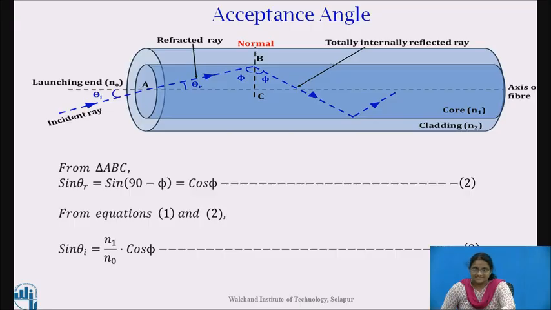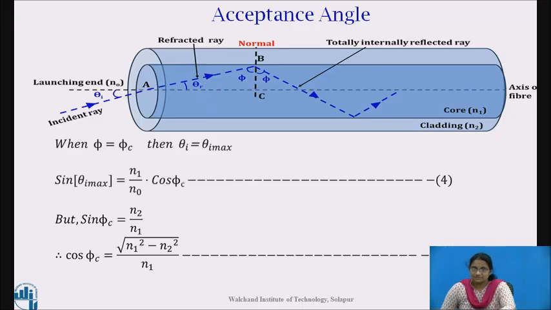From triangle ABC, from the figure we can see that sin theta r is equal to sin of 90 minus phi, which can also be written as cos phi. From equations 1 and 2, we can write the equation as sin theta I is equal to N1 upon N0 into cos phi.